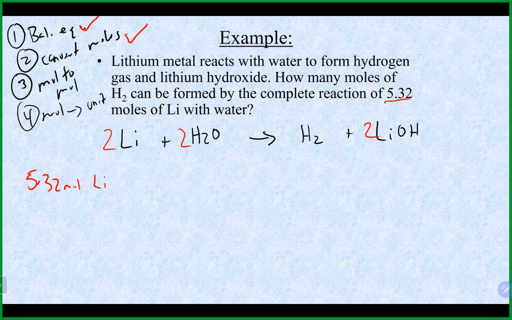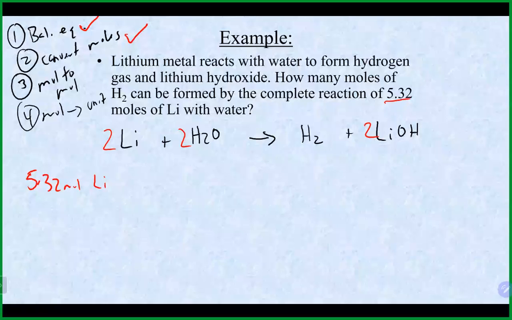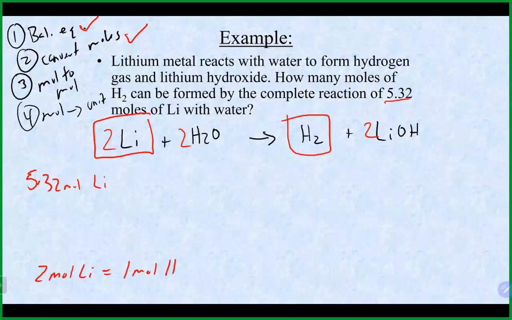So what we want to do is go to the equation and find the 2 things we're interested in. One is what they gave us, which is lithium. The other is what we're actually looking to find, which is H2. From the equation, we get the relationship that for every 2 moles of lithium we put in, we should get 1 mole of hydrogen out.